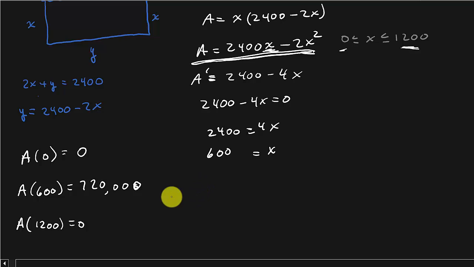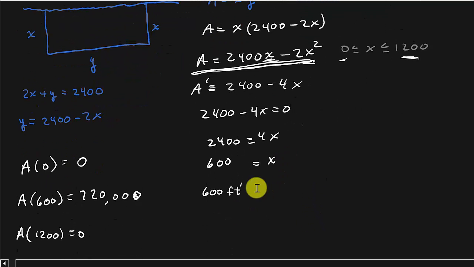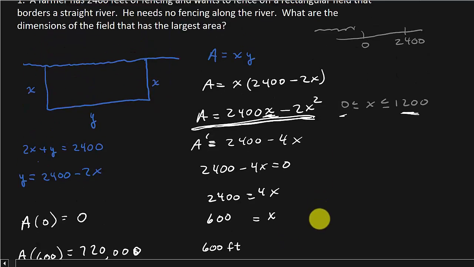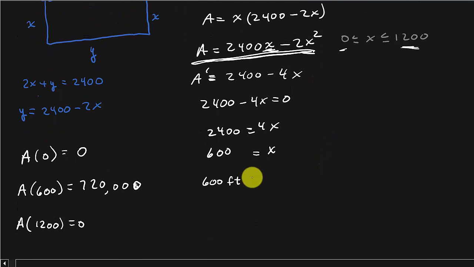So the dimensions of the rectangle would be 600 feet. Let's make sure we're in feet. Yeah, 600 feet by what? Well, remember the 600 feet, that's the x value. Now I need the y value. Well, what's my y value?